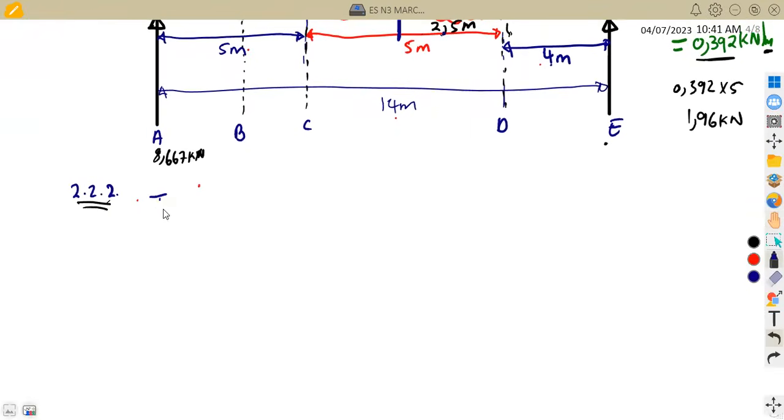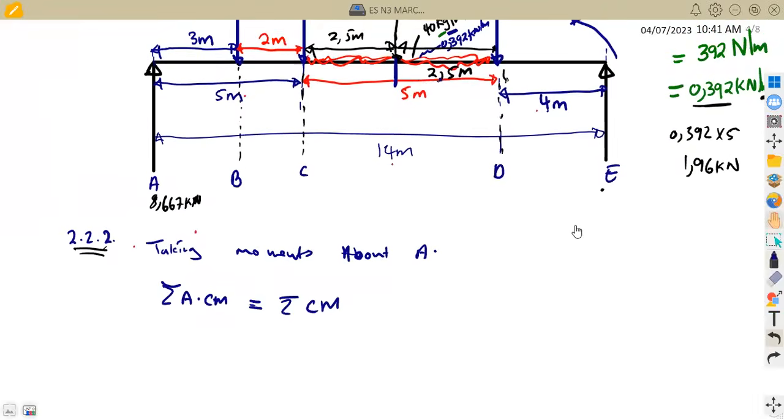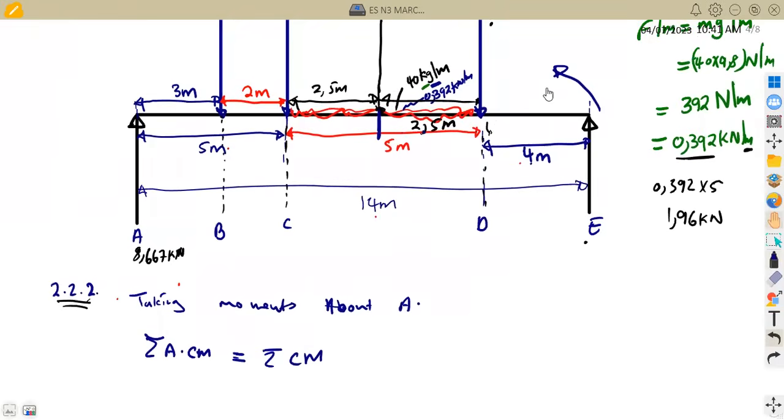All right. So taking moments about A in this case. About A, we saw that E is moving in the anti-clockwise. So the sum of the anti-clockwise moments is going to be equal to the sum of the clockwise moments. E is the one in the anti-clockwise direction.